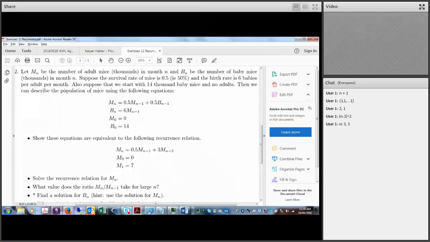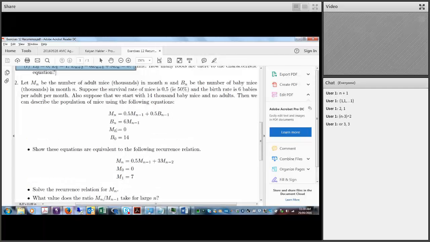The approach is similar. So I've got a bunch of adult mice. M_n is the number of adult mice, and the number of baby mice is B_n. What happens is that they don't all live, unfortunately. Fortunately, depends what you think of mice. So we suppose that the survival rate is 50%. Putting it as an equation, the number of adults in one month is equal to half the population of the adults from the previous month.